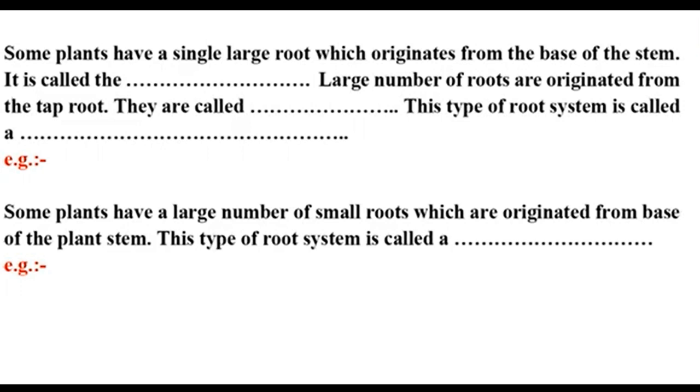Look at this. Some plants have a single large root which originates from the base of the stem, right? It is called the taproot. A single large root which arises from the base is known as the taproot. A large number of roots originate from the taproot, and they are called, what is the name?